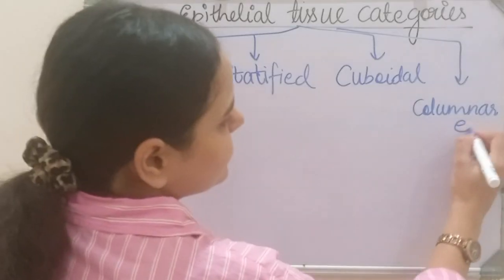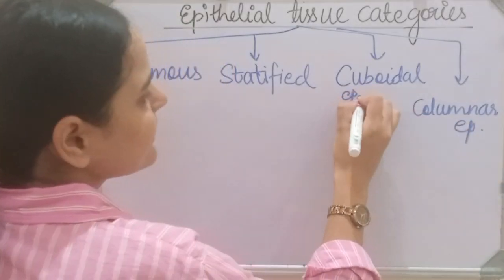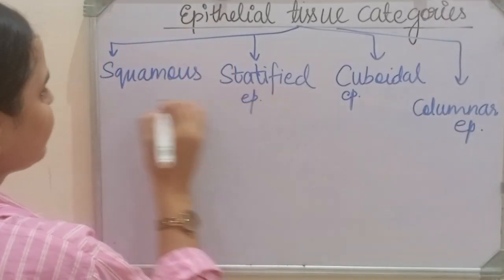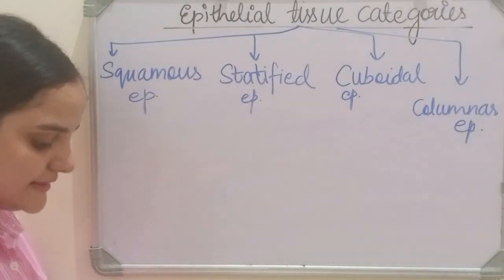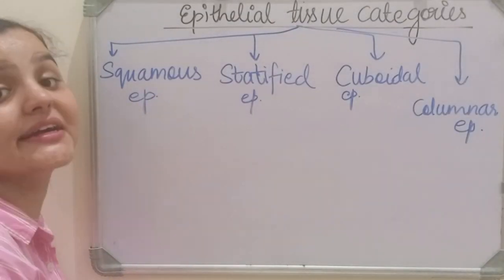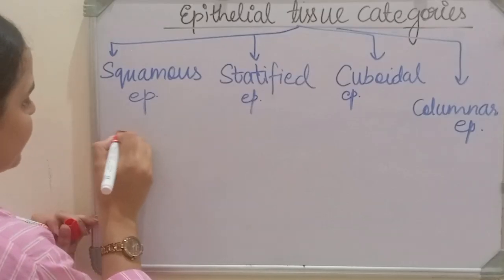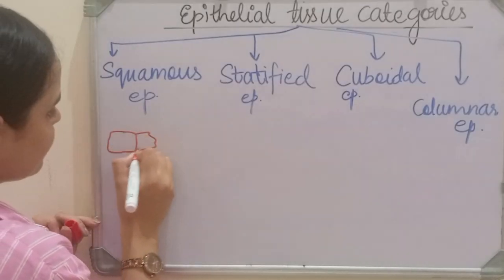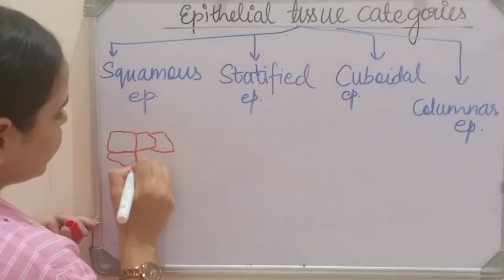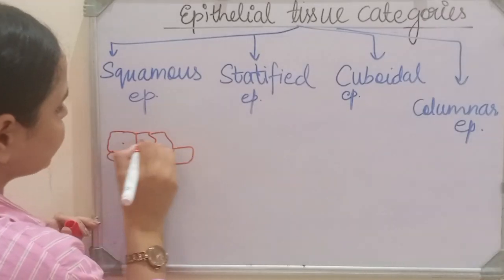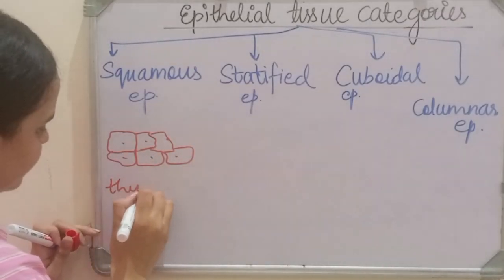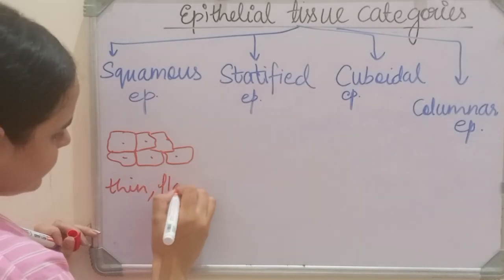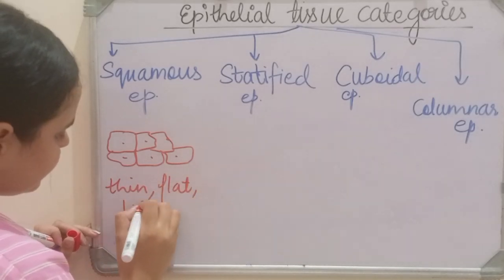I am writing EP for epithelium. So this squamous epithelium is thin, flat, tile-like. This is how it looks. It is very thin. So it is thin, flat, tile-like.